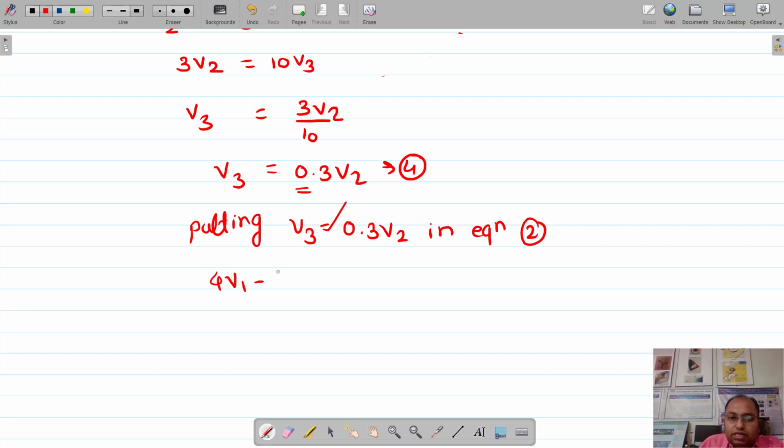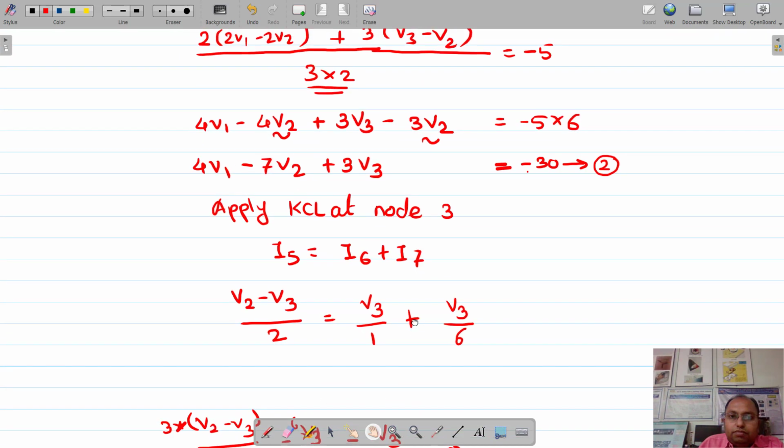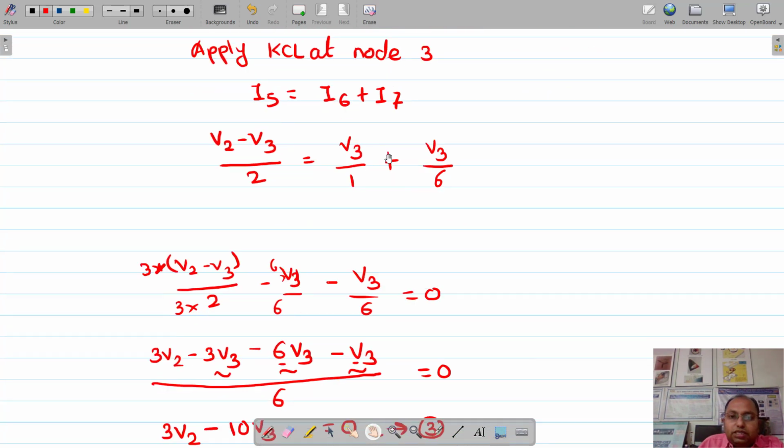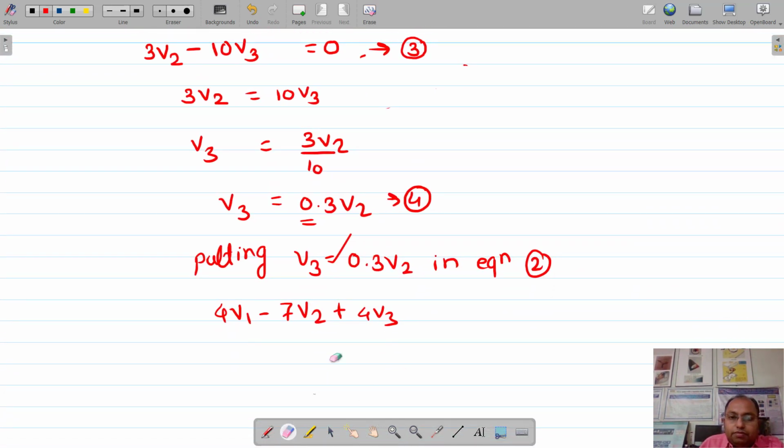Four v1 minus 7v2 plus 3v3, sorry, 3v3, is equals to minus 30.